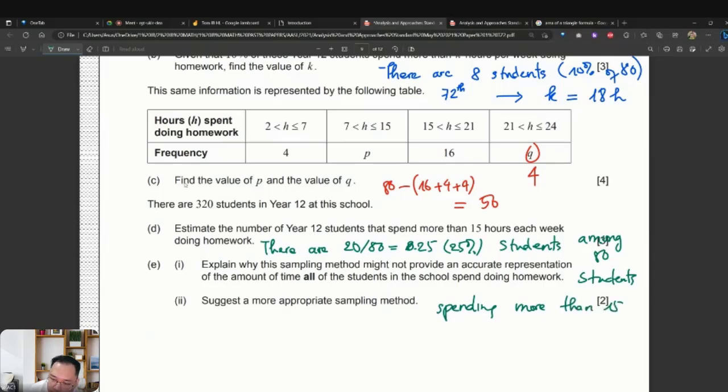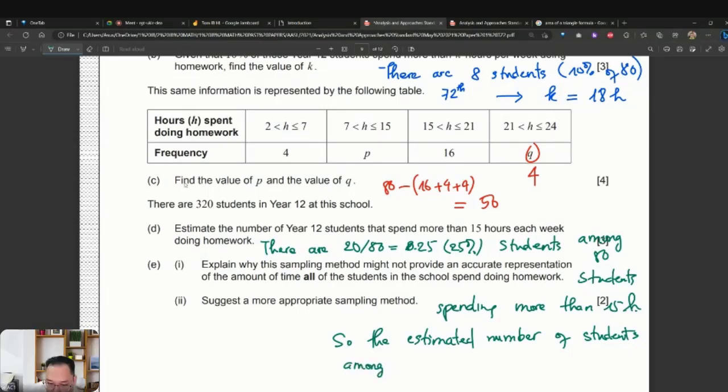15 hours doing homework. So the expected value, or the estimated value, of the number of students among 320 students is 25% multiplied with that 320.